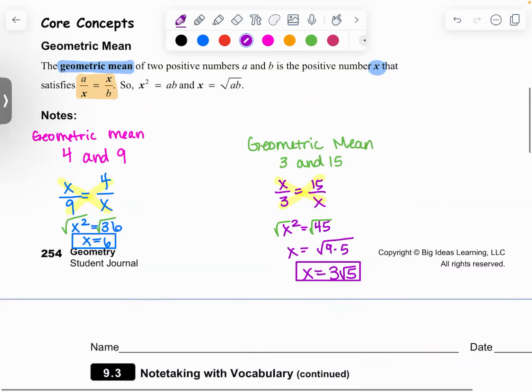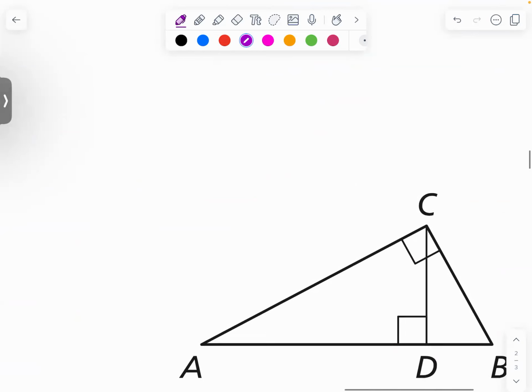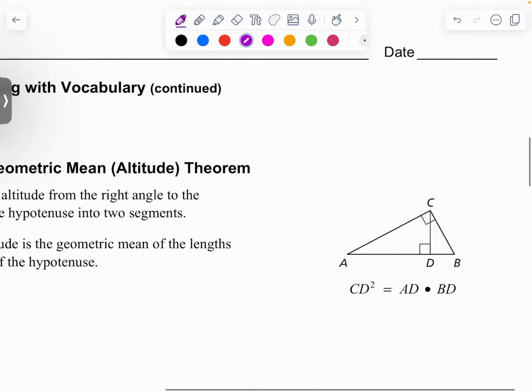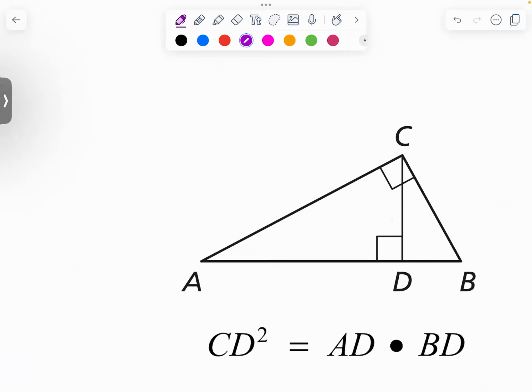So now, let's go back to this picture right here. We're on the next page. When we set up our proportions, we have this exact one right here. One of our proportions was AD over CD equals CD over BD.